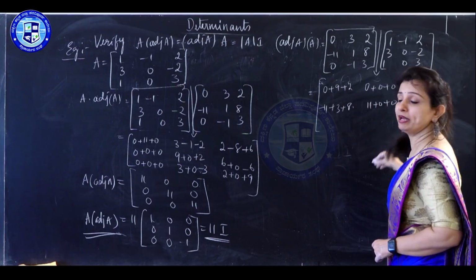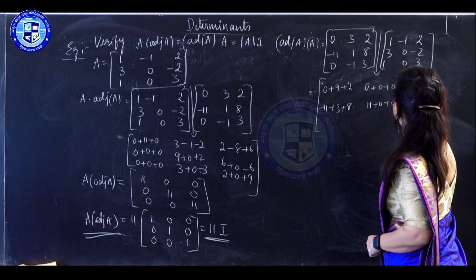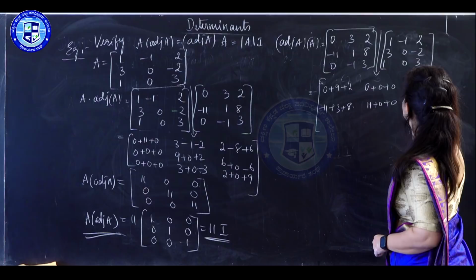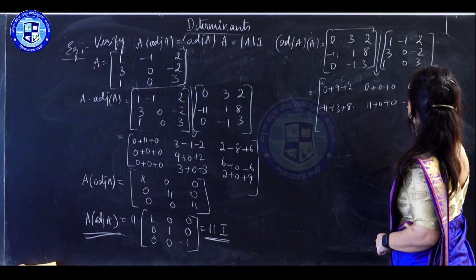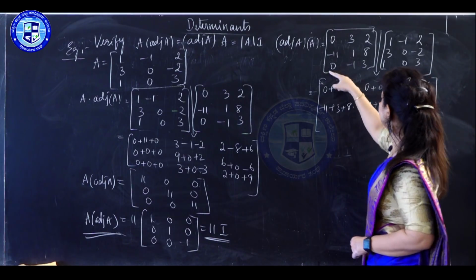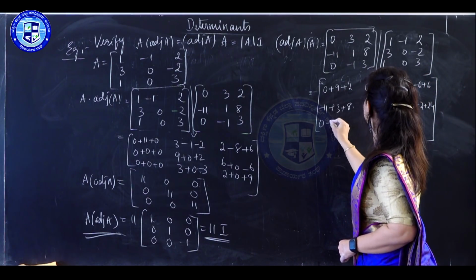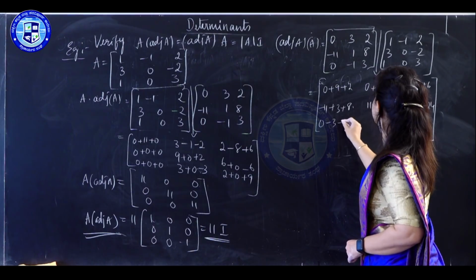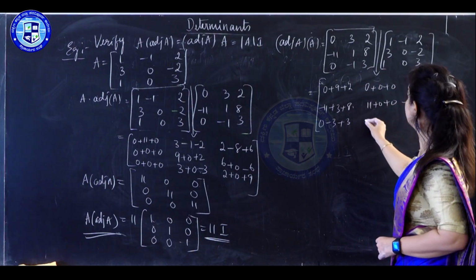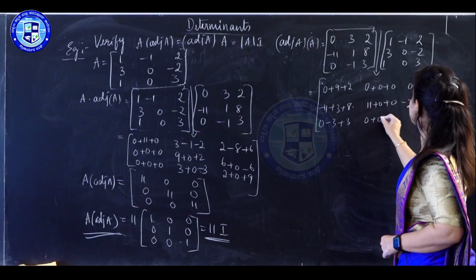Second row, second column elements: 11, minus 11 into minus 1 is 11, plus 0, 0. Second row, third column elements: minus 22 minus 2 plus 24. Third row, first column: 0 minus 3 plus 3. Third row, second column: 0, 0, 0.